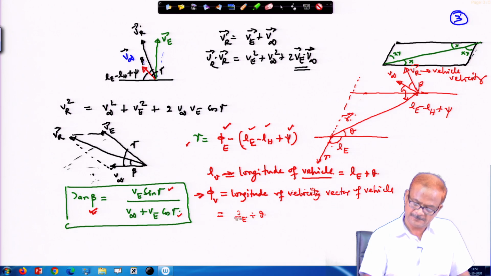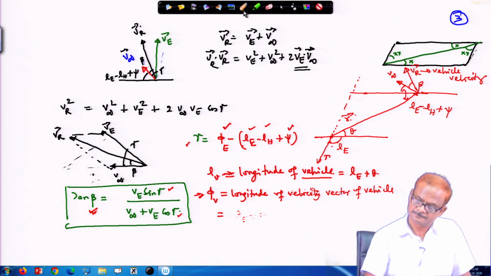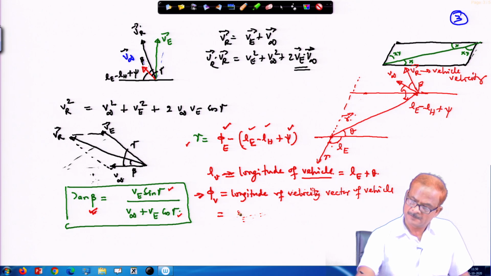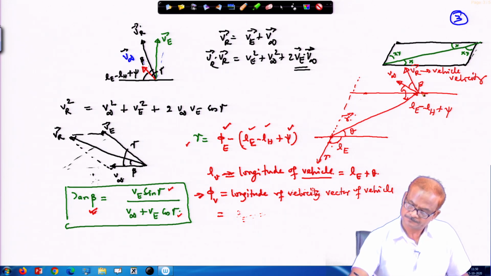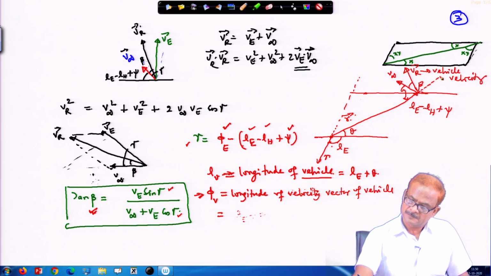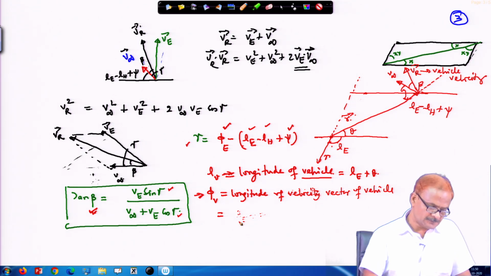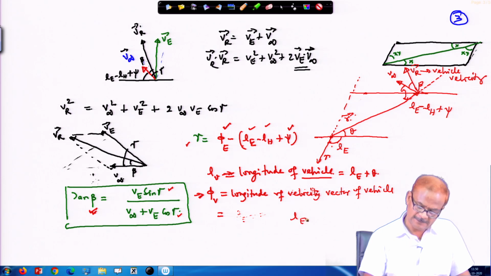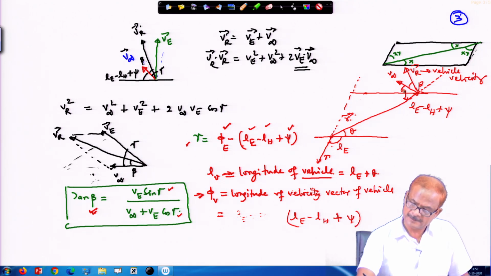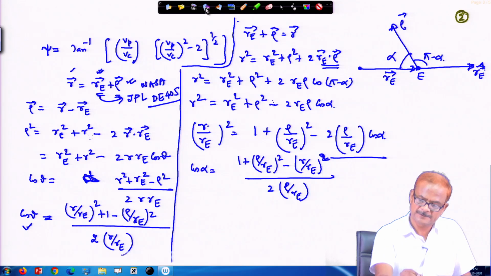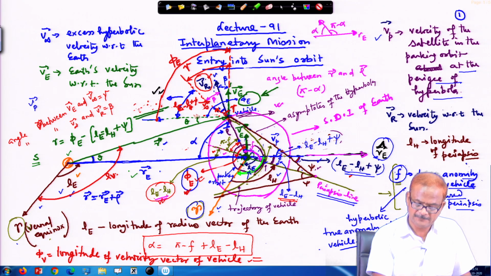Okay. So, this is a vector and V is a vector here. So, let us look here in this problem. We first write this as L e minus L h plus psi. This is the angle which we have shown here. V infinity makes this angle, L e minus L h plus psi.